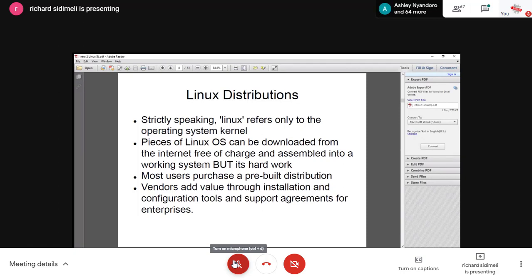It can be downloaded from the internet free of charge and assembled into a working system, but it's hard work. Sometimes, especially with network problems, you can burn it into a local device like a CD-ROM or DVD.